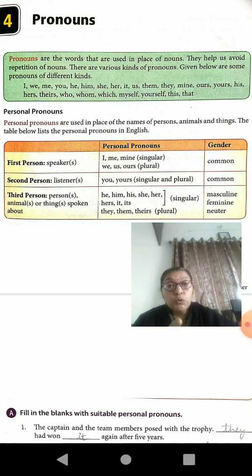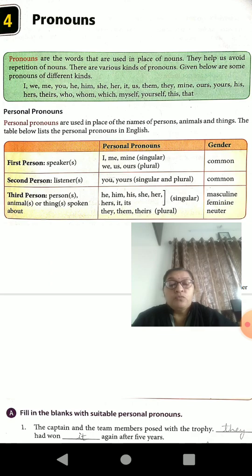Second person you, you, all. Third person he for masculine gender, she for feminine gender, and it for non-living things, and we also use it for birds and animals. Third person he, she, it. It's plural they.